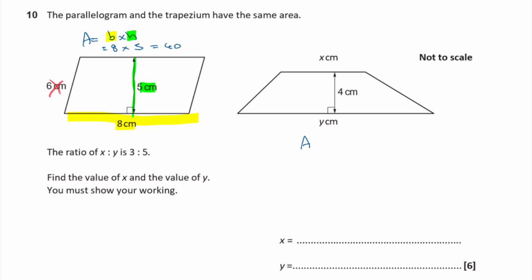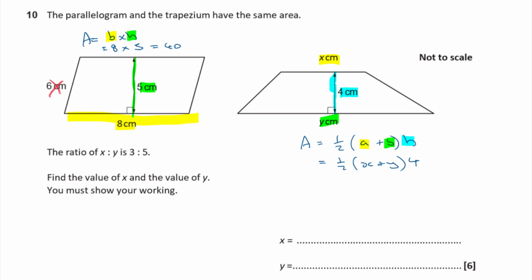Now the area of a trapezium is a half times your a plus b value times your h value. So that is a half times, well, a and b are your two parallel sides. In this case, a is x and b is y. And then h is the distance between them, so h is going to be that distance there. So subbing those carefully in, I'm going to get x plus y times 4.